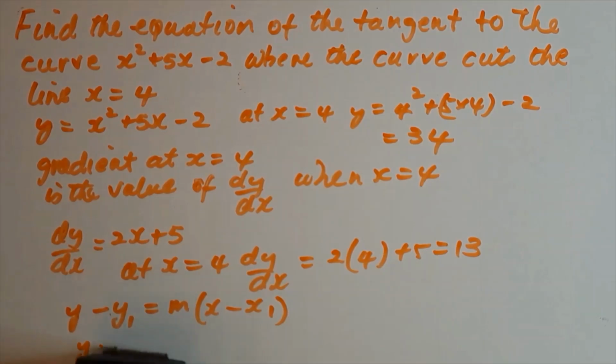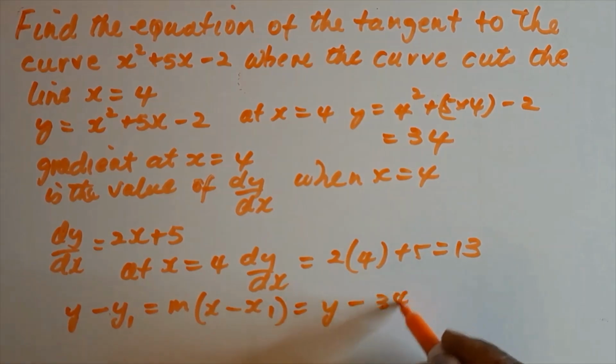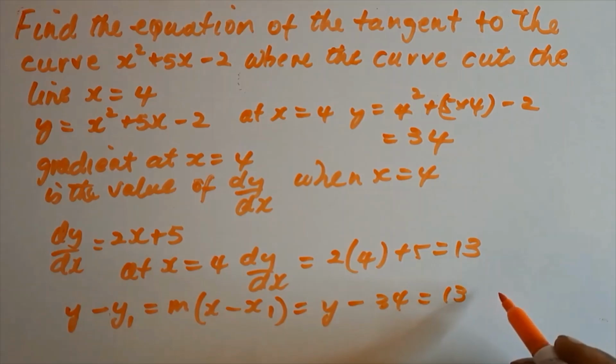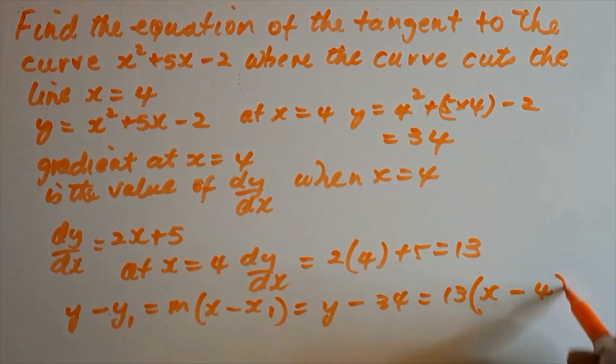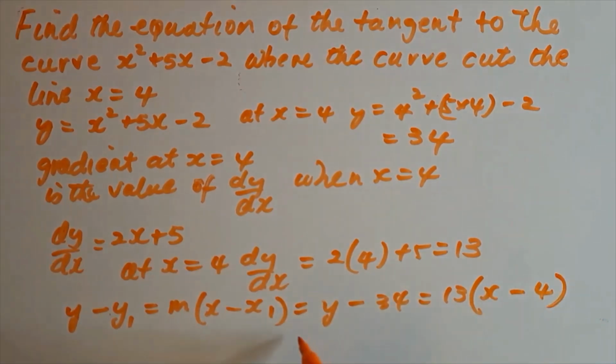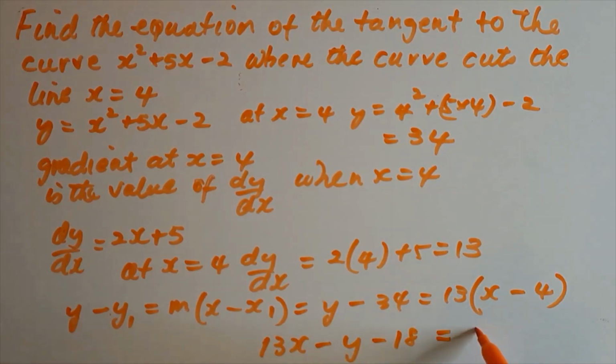Let's just write it over here, which is y - 34 = 13(x - 4), which you can rearrange to write as 13x - y - 18 = 0.